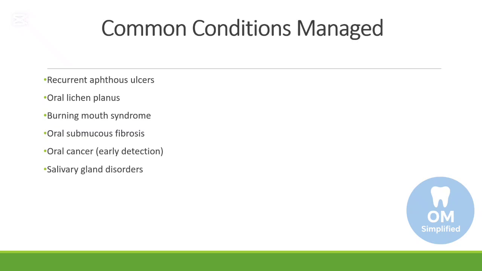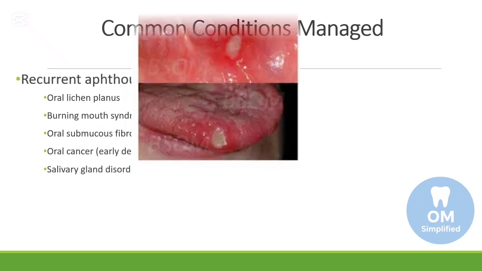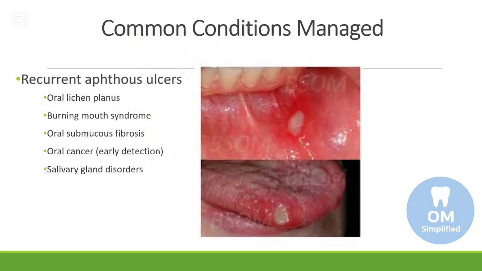So the first disease that we most commonly deal with is recurrent aphthous ulcer. Recurrent aphthous ulcers can look like this. These may show as erythematous borders and a white center.